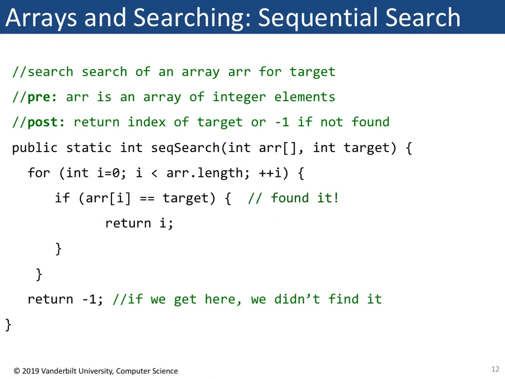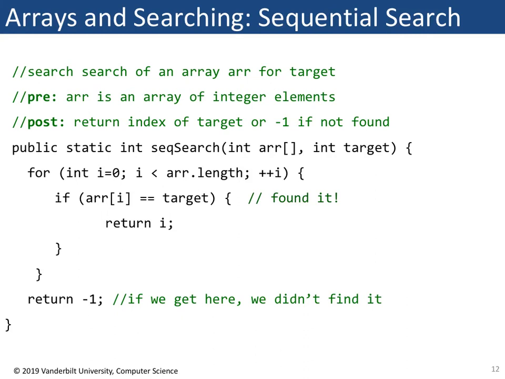So we're looking for target inside of this array. So just as we've done in our examples, we start our counter variable at 0, we go till array.length because we want to look in every element of the array for target, and we increase our counter by 1 at the end of each loop.